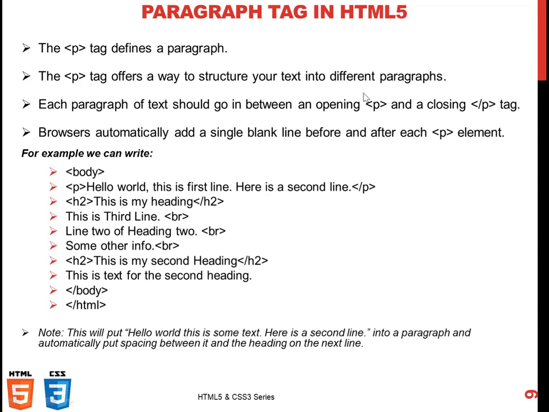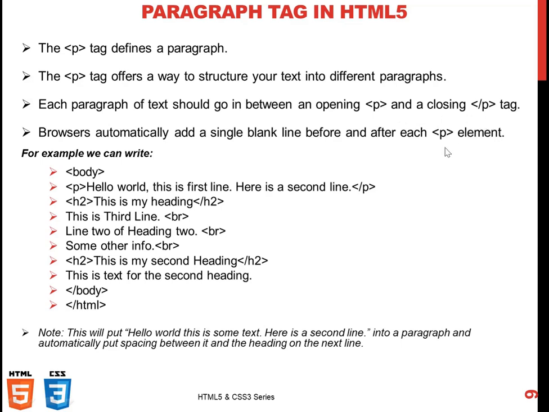So there would be a line break before this paragraph, and there will be a line break after this tag. So whatever other contents we have in the web page will come after the line break.